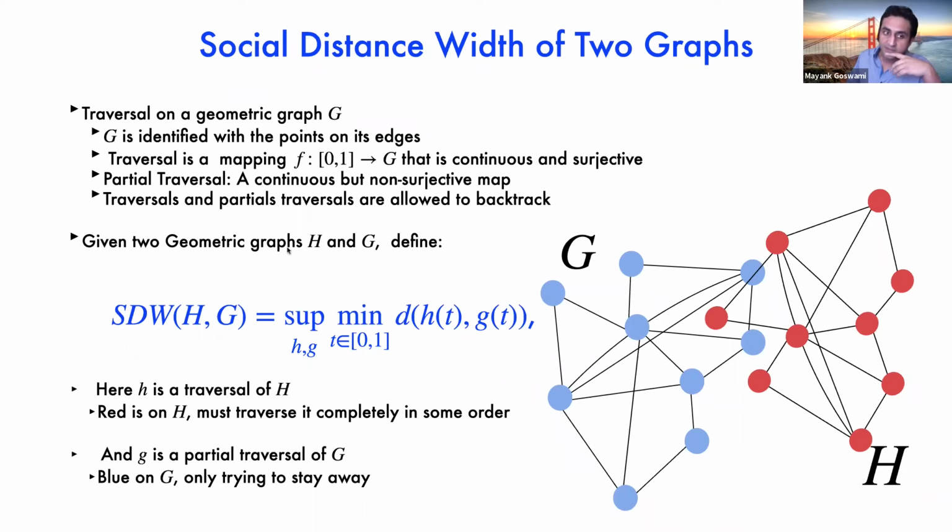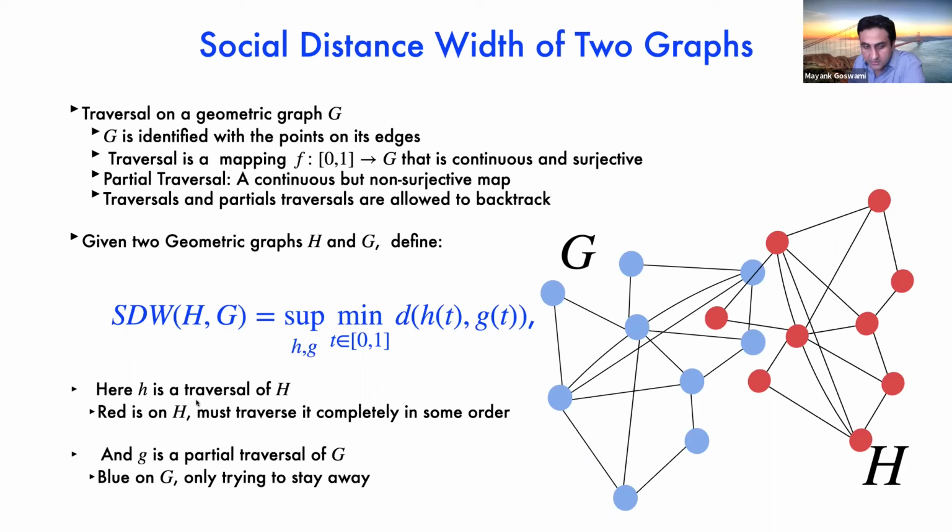So with these definitions, given two geometric graphs H and G, we define the social distancing width between these two graphs to be the supremum over all traversals of the closest these two points come at any time t. And the story here is that one of these is a full traversal and the other is a partial traversal.